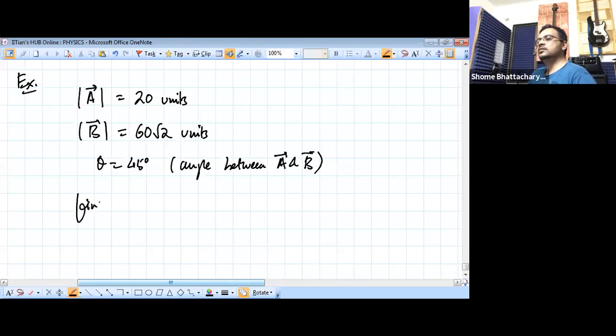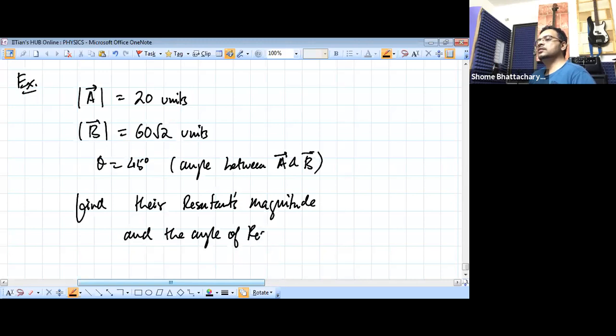So you want to find the resultant's magnitude and the angle of the resultant with respect to A. We have to find both of these things. So in terms of language, what it means, the resultant's magnitude is mod R, that is mod of A plus B. This we want to find.